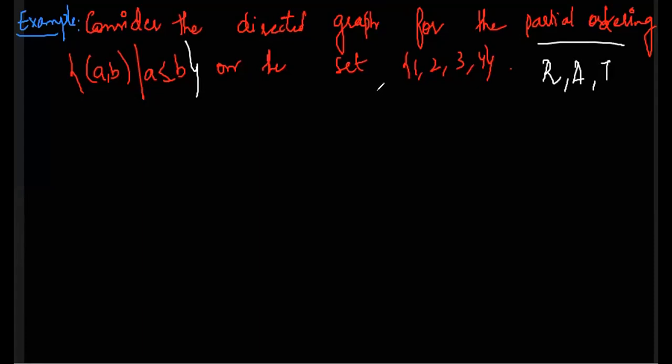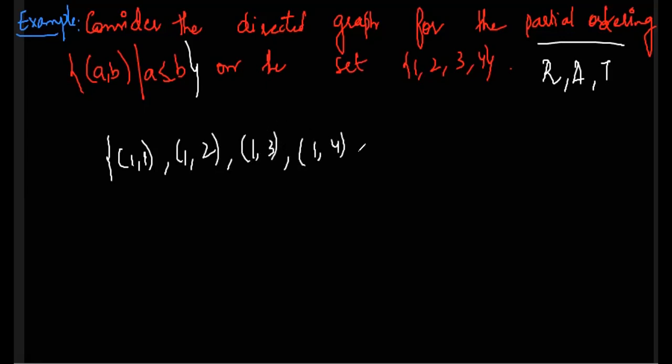And what will be our set? The set will be where A is always less than or equal to B. So we will have (1,1), and then can we have (1,2)? Yes. So we have (1,2), (1,3), (1,4). What about (2,1)?